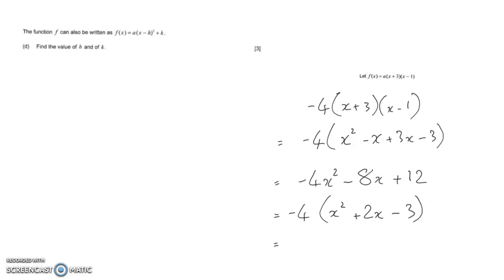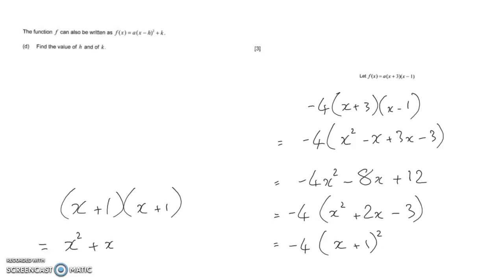And then we look to complete the square by halving the b coefficient in here to give us x plus 1 all squared. Now the way I like to do these is, as an aside, I square out the bracket, reminding myself that when I square a bracket it's like having two brackets. I get x squared plus an x plus another x plus 1, giving me x squared plus 2x, which is what I wanted.